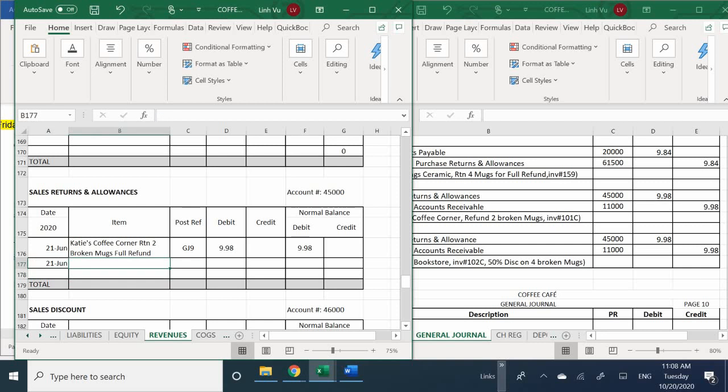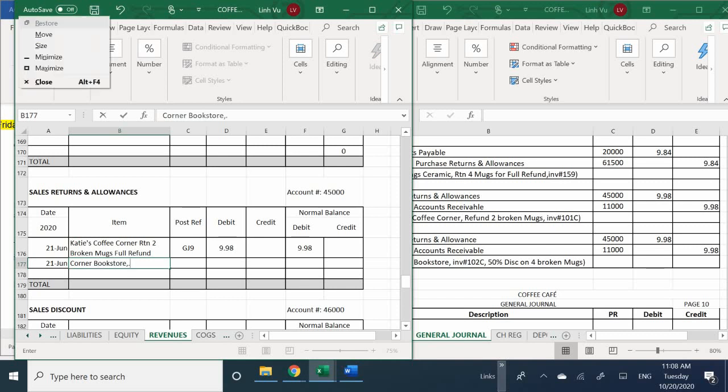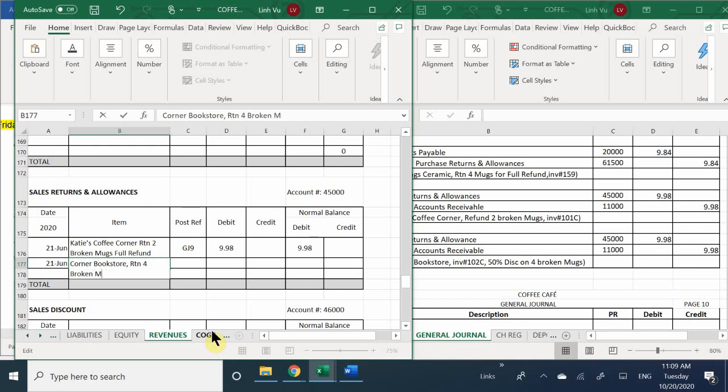We recognize that Corner Bookstore attempted to return four broken mugs for a 50% discount.